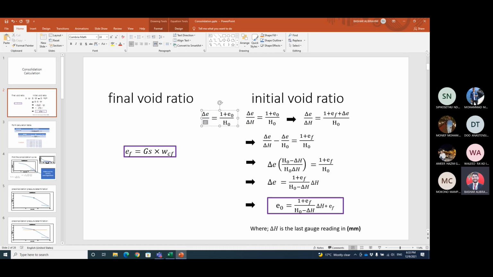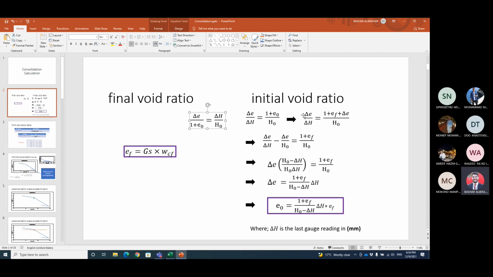So this is my derivation. Your equation is like this. Okay. So I basically exchange these two.